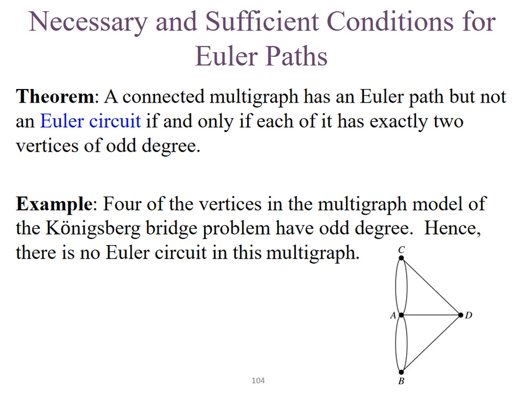Exactly 2 vertices of odd degree means the other vertices have even degree, right? With odd degrees, we only have exactly 2 vertices. In this case, we will have Euler paths, but not an Euler circuit.